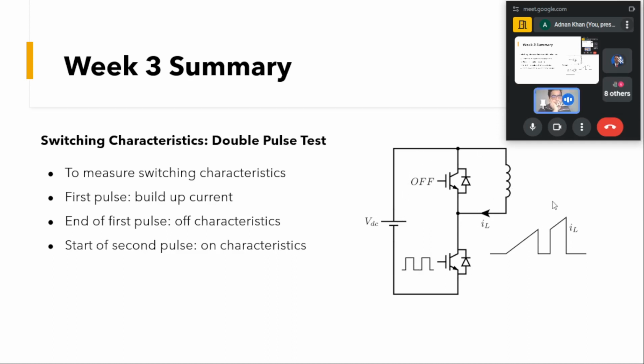We know that the current that will flow through is given by V equals L di/dt.